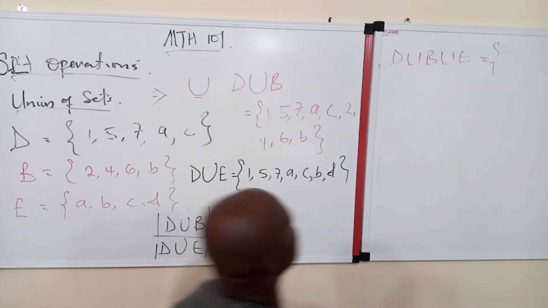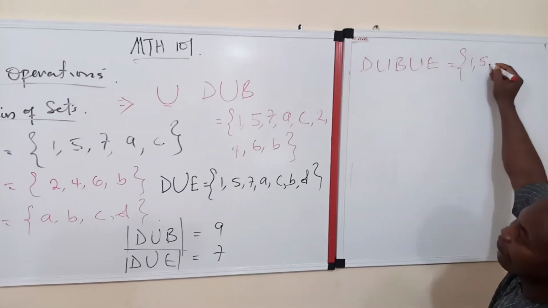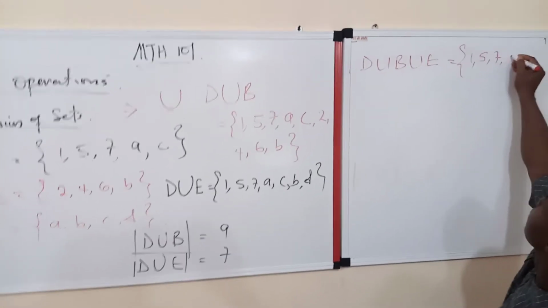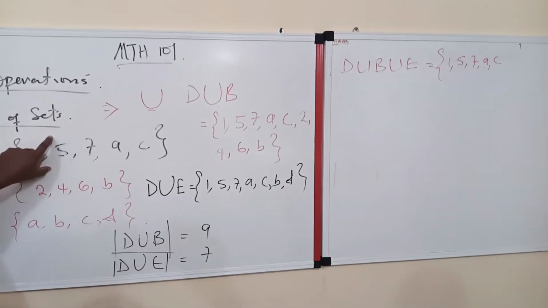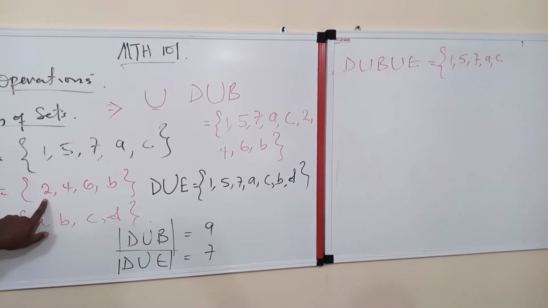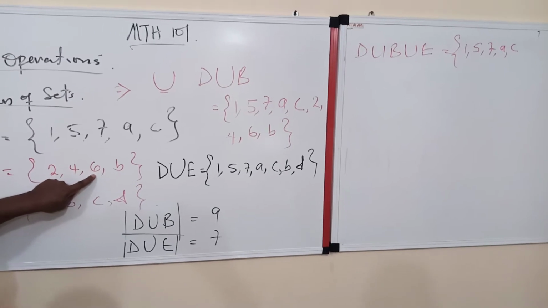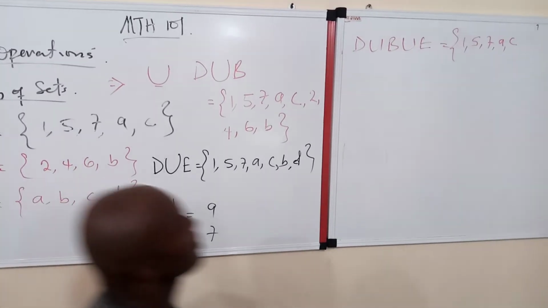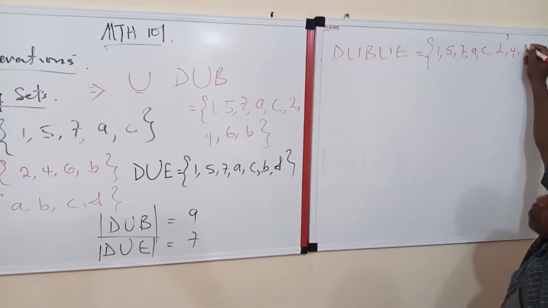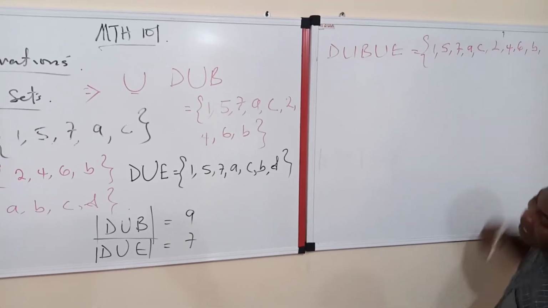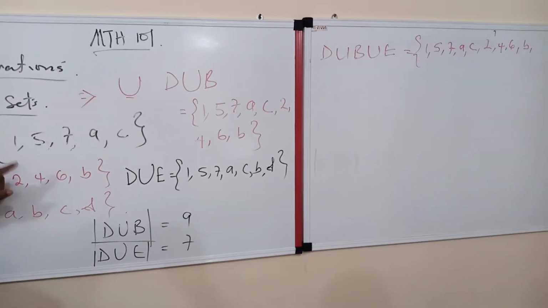So let's go by taking that of D, and we have 1, 5, 7, A, C. Now we have successfully taken these ones. Now let's include the elements of B: 2 is here, 4 is here, 6 is here, and B is here, which are also distinct, because the union is a collection of all the elements from the various sets.